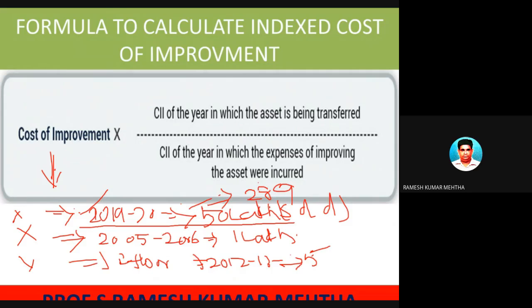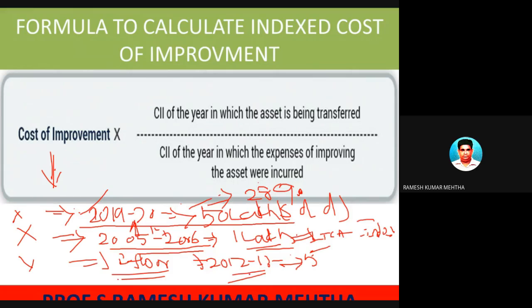So need not worry, every time it will be 289. Now the ground floor was constructed in 2005-2006 for rupees 1 lakh. So this is sold in 2019-20. So how many years? 14 years. So it is a long-term capital asset, and we have to do indexation. Now the first floor was constructed in the year 2012.